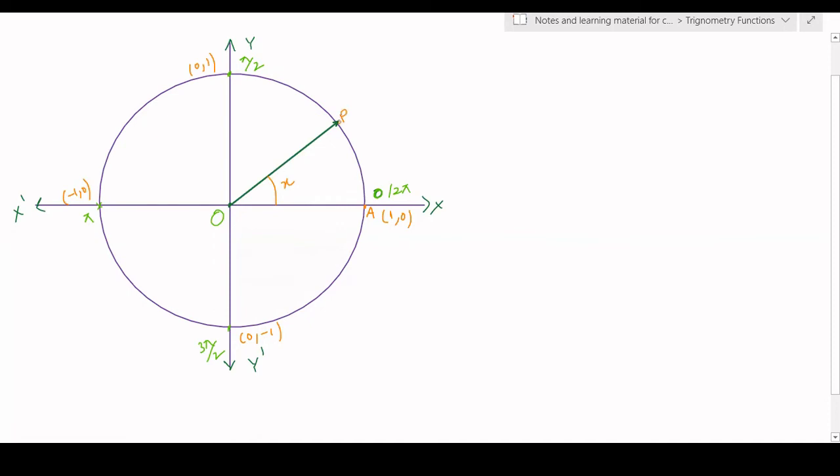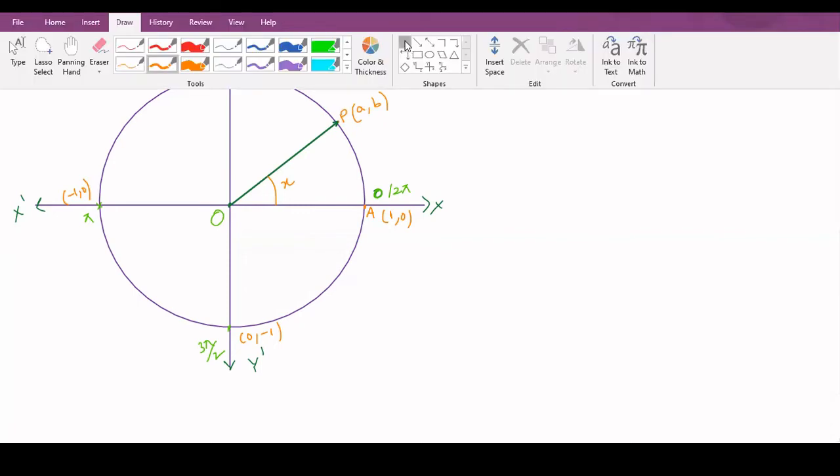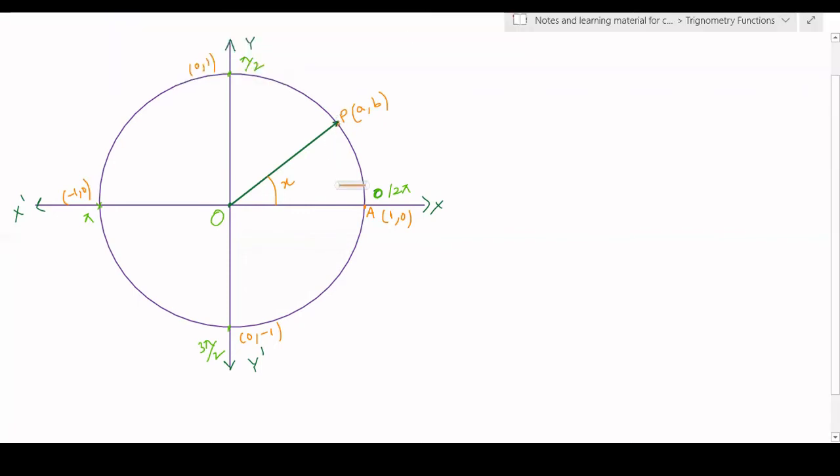Let's call this point P on the circumference with the coordinates A, B. From this point P, let's drop a perpendicular on the x-axis. Let this point be called Q. So if P is the coordinate A, B, then OQ length is some A units and PQ length, that is the distance moved on the y-axis, is B units.